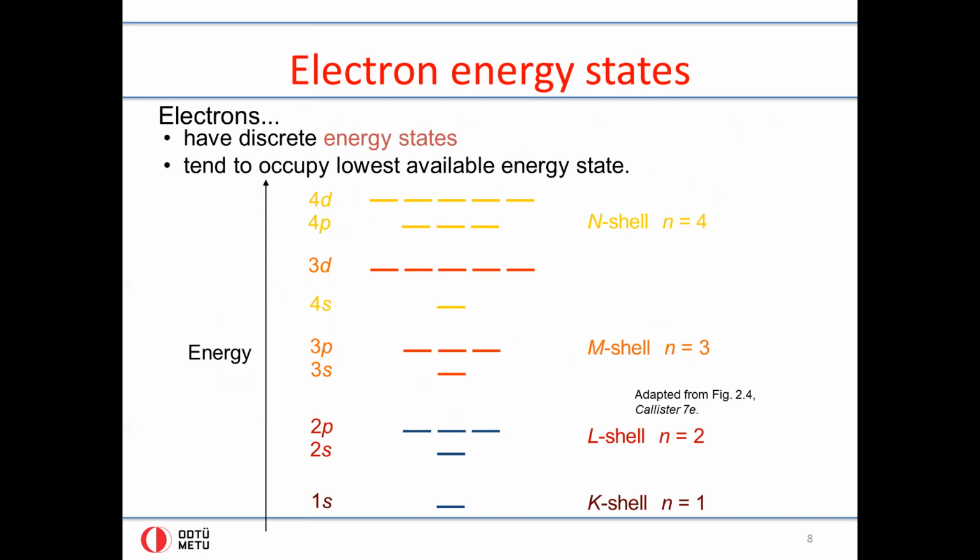Now, these, as you remember from chemistry, have different names like K, L, M, N, etc., with an increasing distance where the bottom of the slide is the center of the atom.